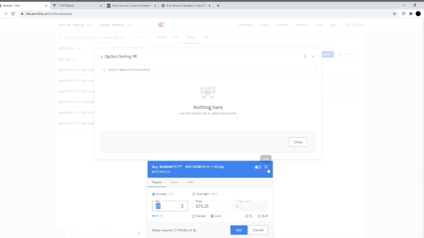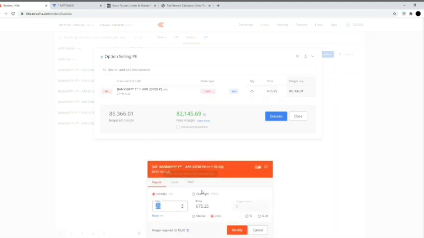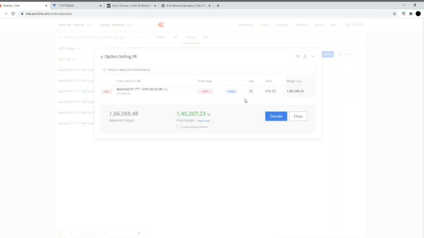Okay. Now, let's say I go ahead and add that over here. So let me just come back to the normal overnight margin. So if I want to short 33,700 PE, I would need 1.4 lakhs, 1.5 lakhs decent.